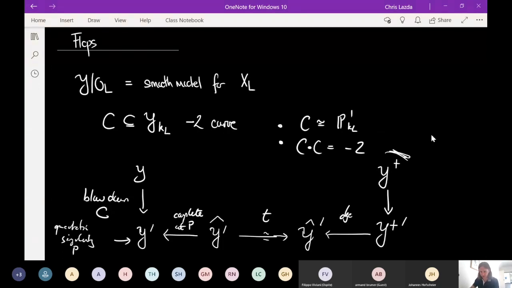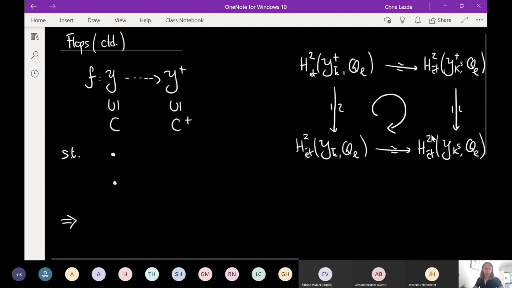So I can then algebraize and blow back up again. And what I end up with is a birational map F to another smooth model for X_L.